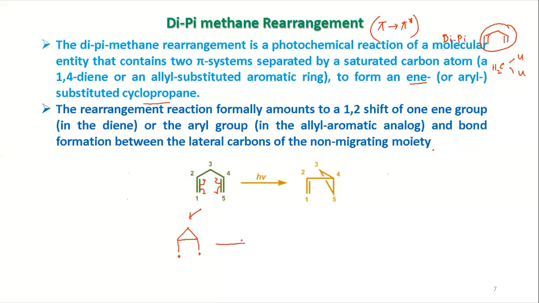It can make a double bond here, and this can open. So you have a double bond here and that 1 radical, and this is open, so this is another radical, and they can combine.